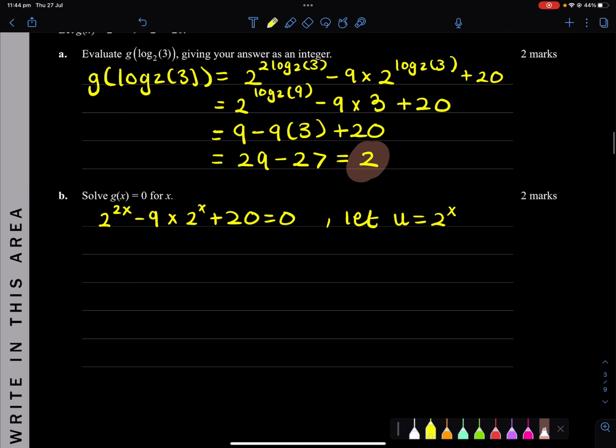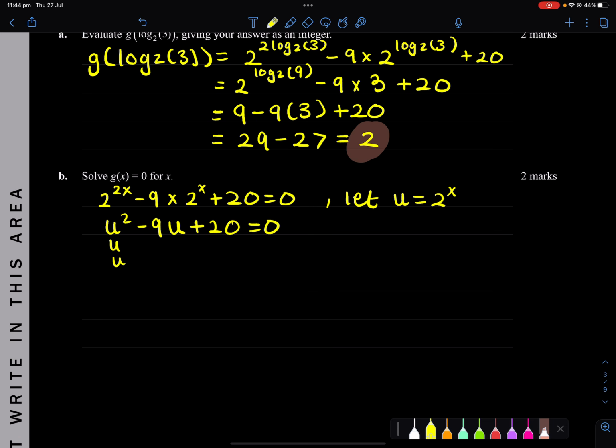So here it would be u squared minus 9u plus 20 equals 0. Factorizing this, 5 and 4, so it'll be u minus 5, u minus 4 equals 0. Therefore, u is equal to 5 and u is equal to 4.